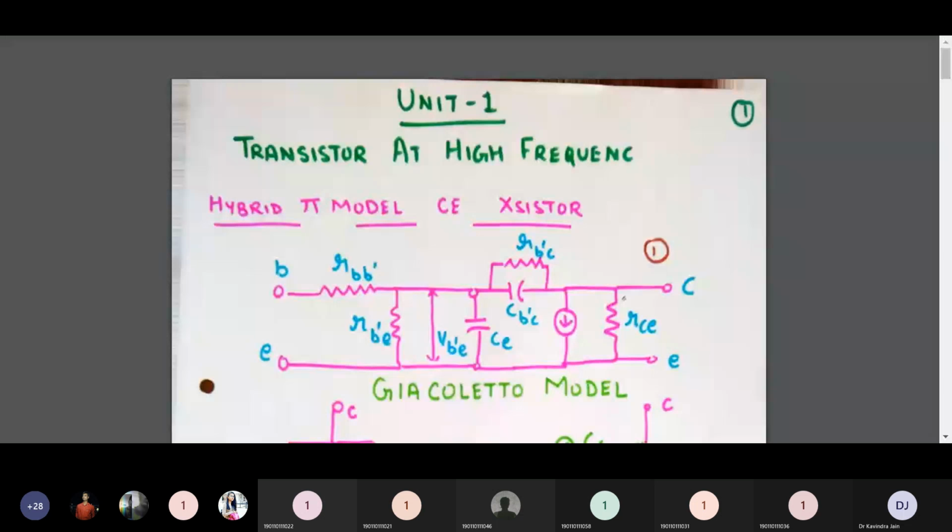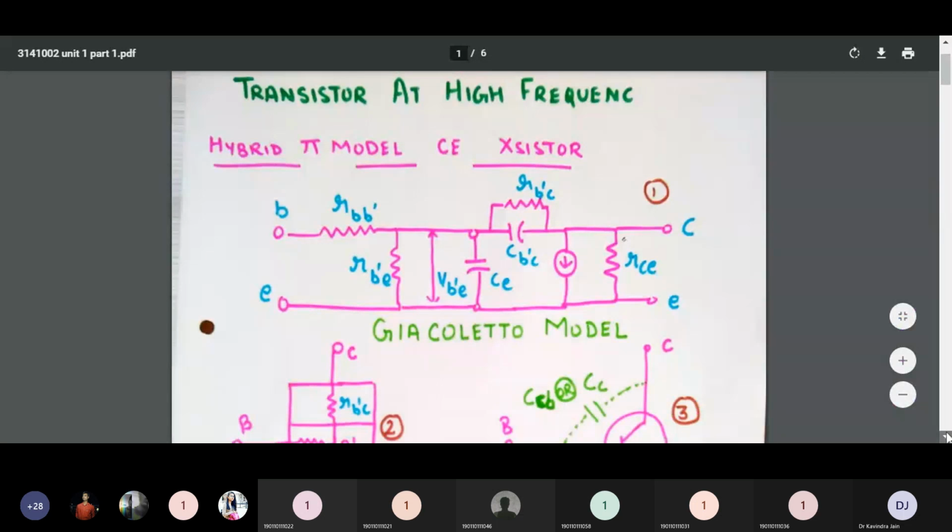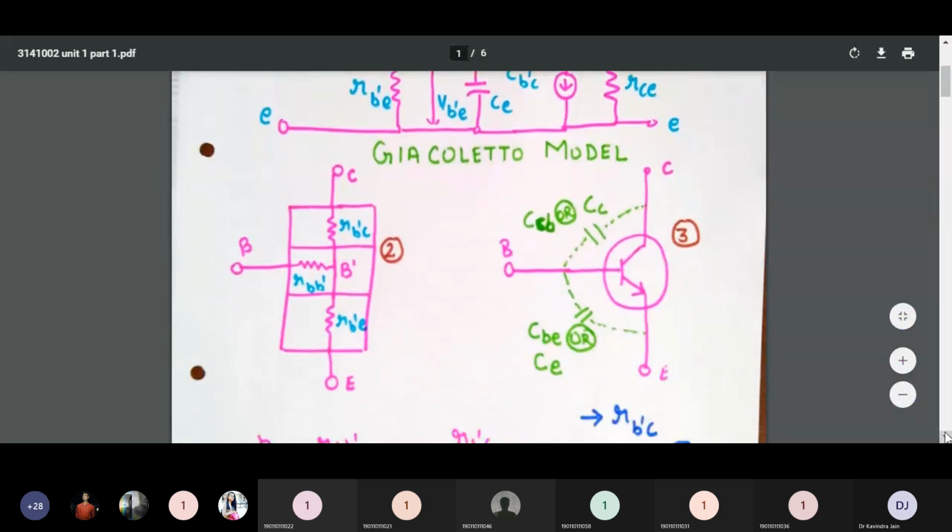This feedback effect between output and input is taken into account by connecting R B dash C between B dash and C.